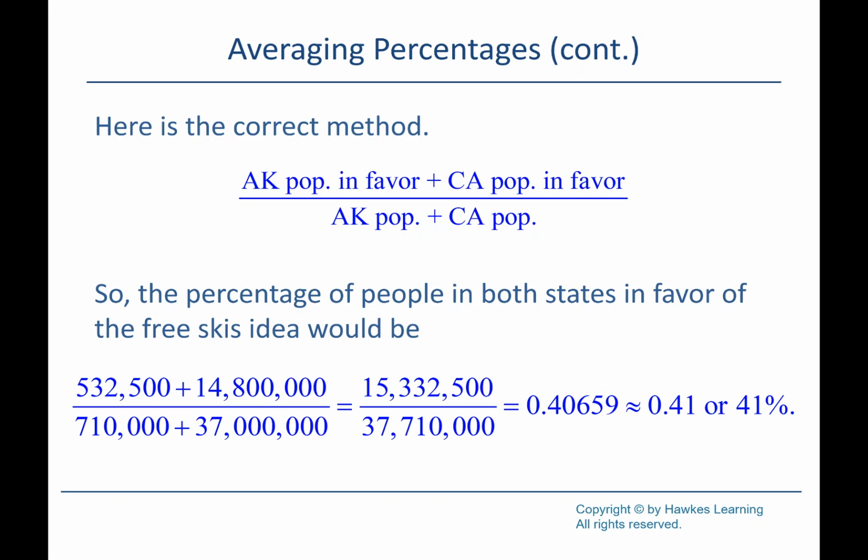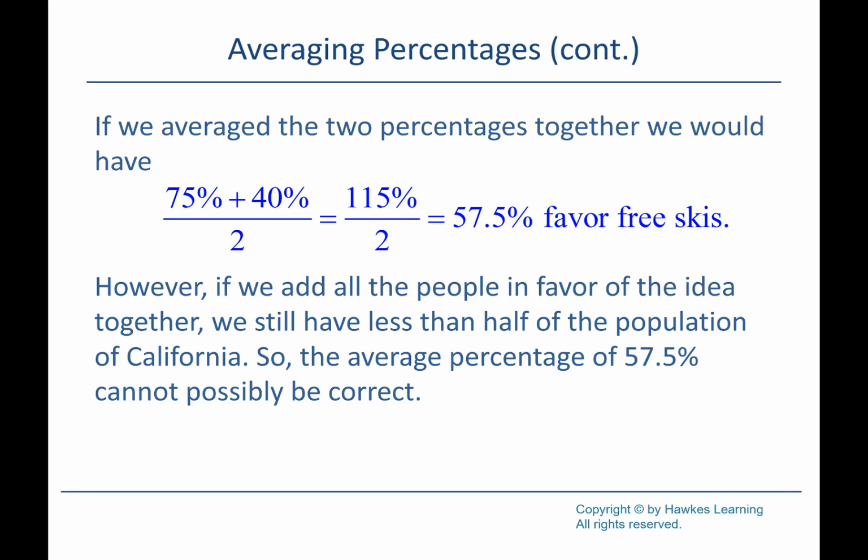There's a big difference, especially when we're talking about millions of people, between 41% and 57.5%. That's way off. So averaging percentages, usually not a good idea.